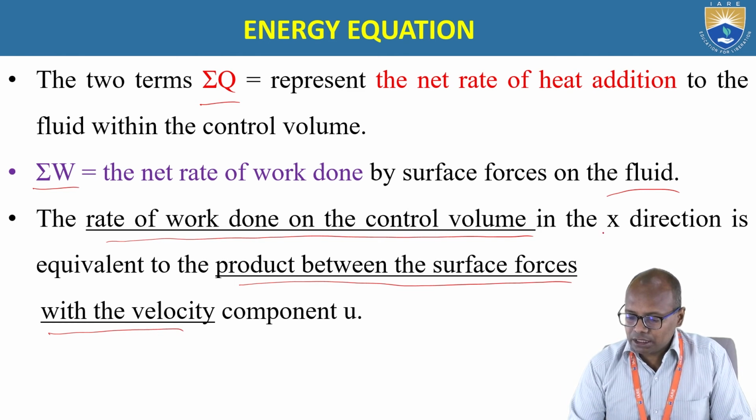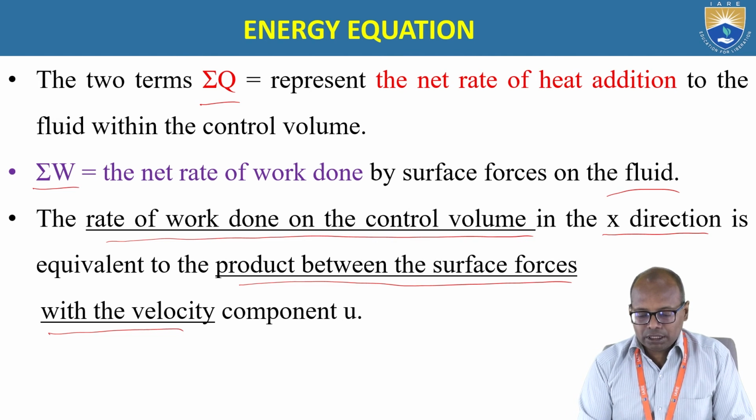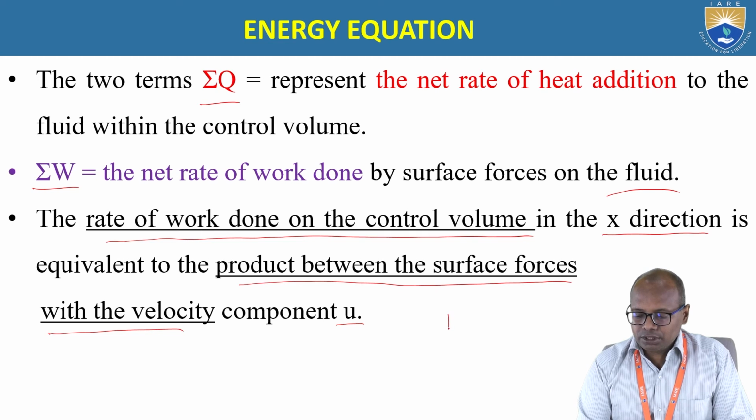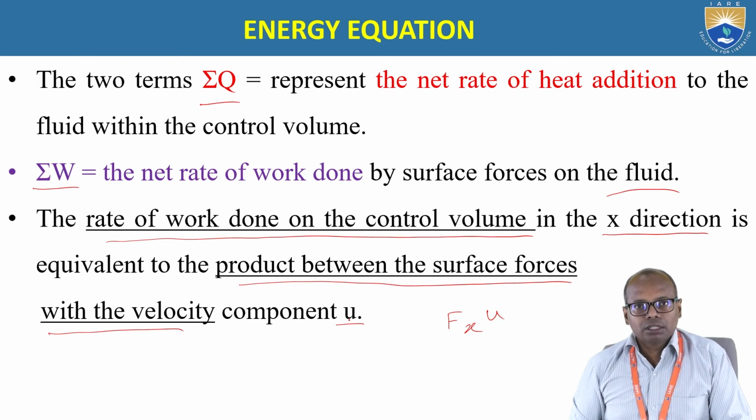If I consider the x direction, the component of velocity in the x direction is u. If fx is the force in the x direction and u is the velocity, then the product will give the work done. That is the meaning of this statement.